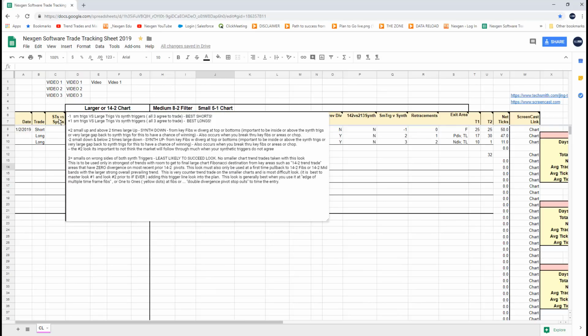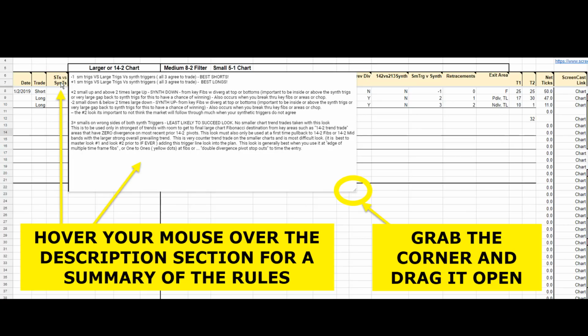In our trade tracking sheet, if you hover over the words themselves, the descriptions up at the top will tell you what we're looking for. When we're looking at our trigger lines and doing some trigger line comparisons, we set up essentially the best looks that you can possibly get for going long or short with trend trades on the smaller charts.